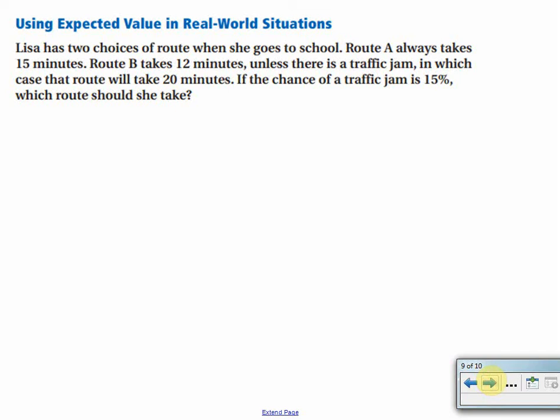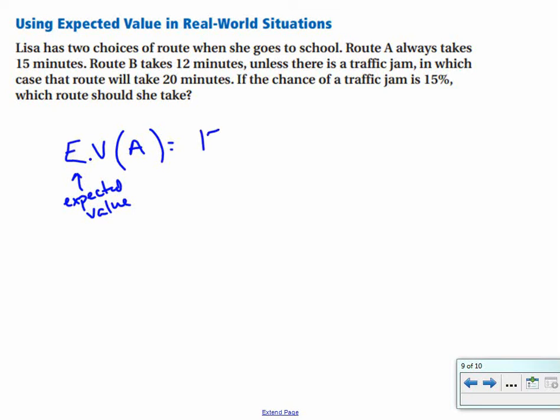So we want to talk about the expected value of these events. Now, we'll use EV for short, expected value. The expected value of route A is just going to be 15 because she has a 100% chance of taking 15 minutes when she takes route A. But now for route B, she has a 15% chance of it taking her 20 minutes, which means she has an 85% chance that it will take her 12 minutes.